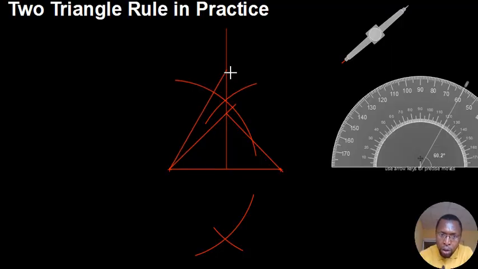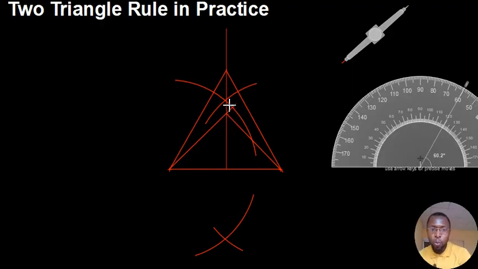At the point where it touches the vertical line, you draw the second line of the triangle. Okay, now that's the second step. The one up is the equilateral triangle, while the triangle down is the isosceles triangle.